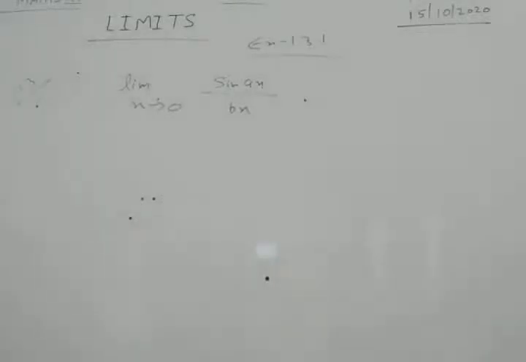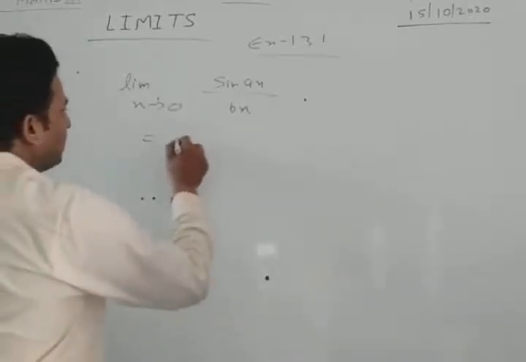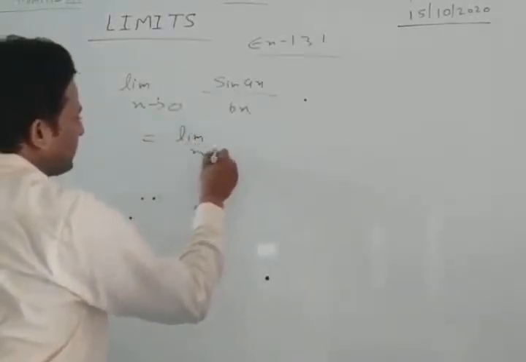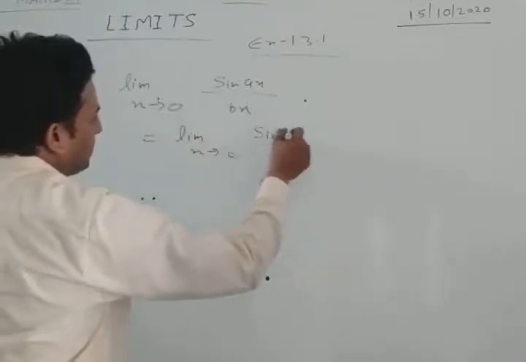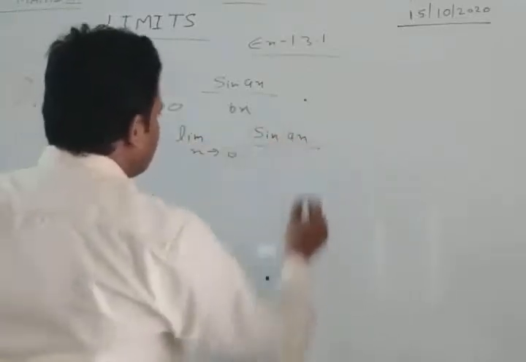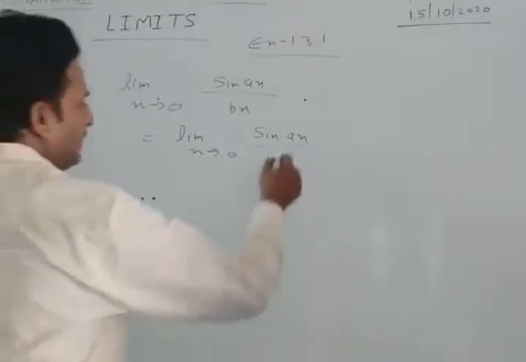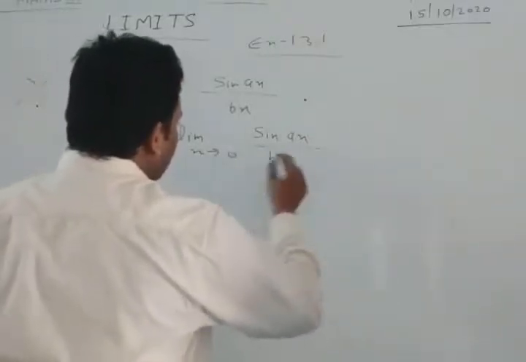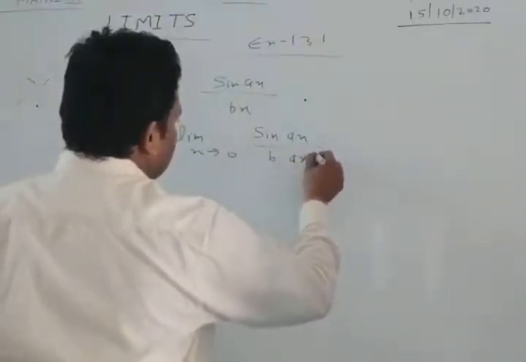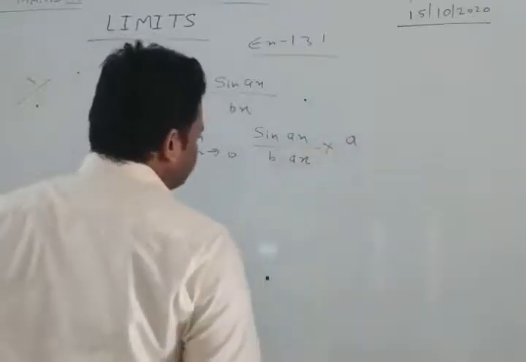So what we will do here, we will change it: limit x tends to 0 of sin ax by b into ax, into a.